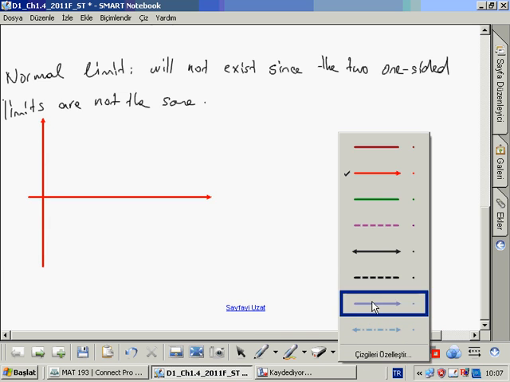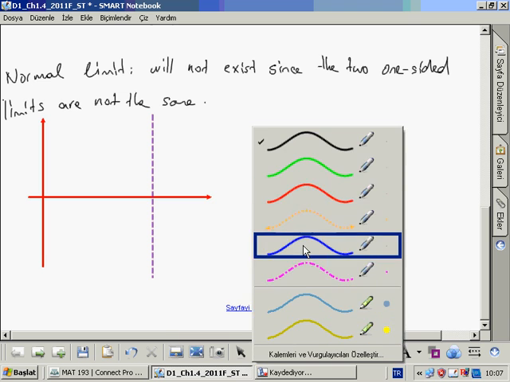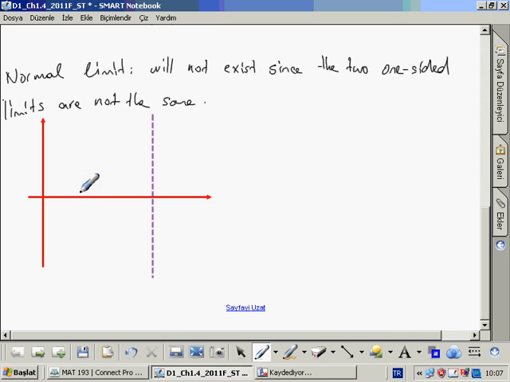At x equals 4 there will be a vertical asymptote, and as our function approaches 4 from the left hand side, it goes to plus infinity, and when approaching x equals 4 from the right hand side, it will go to minus infinity.